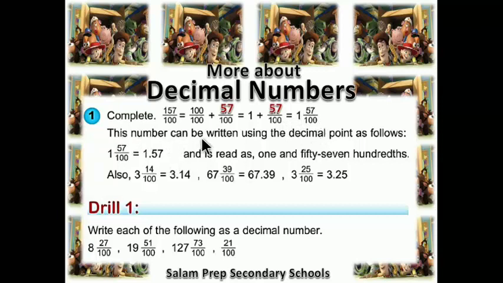This number can be written using the decimal point as follows. This is a mixed number, okay? 1 and 57 over 100. We can write a mixed number in decimal form. So we write first the decimal point, and then write the whole number 1 in the whole number part, and then 57 hundredths.